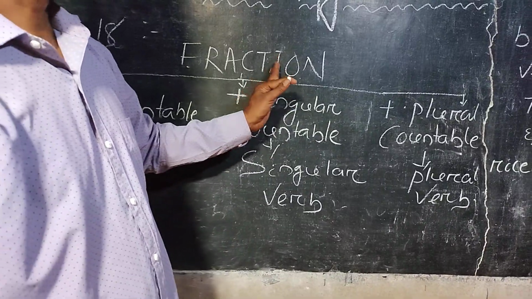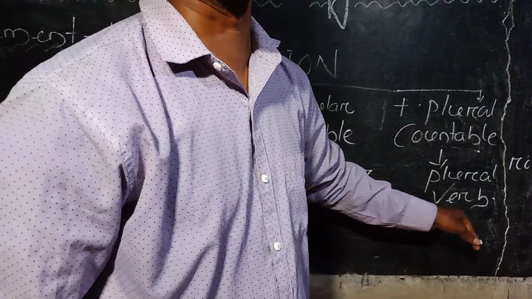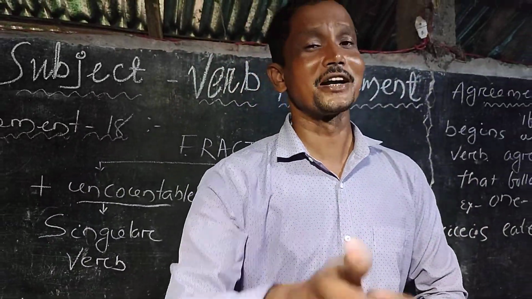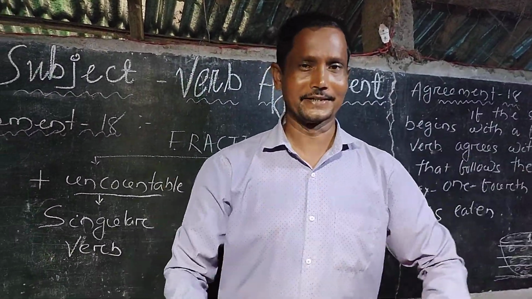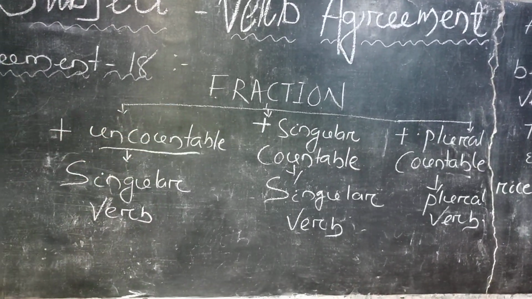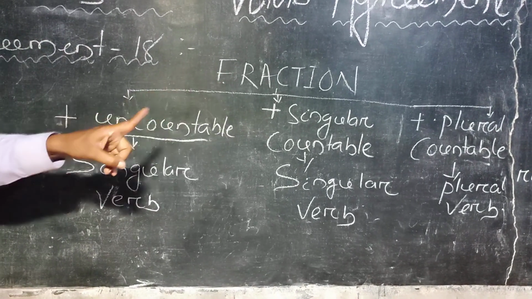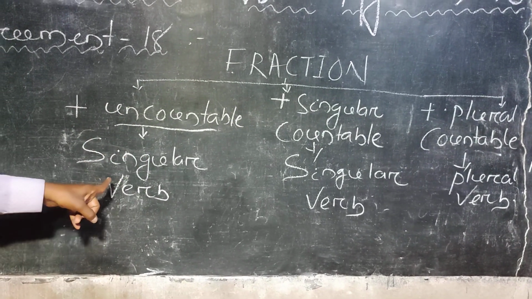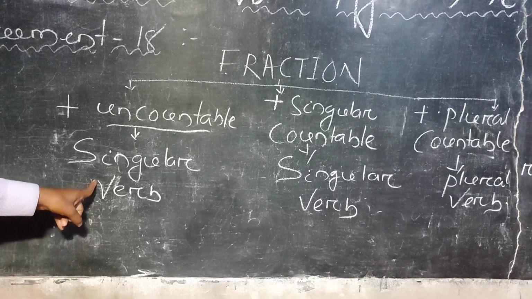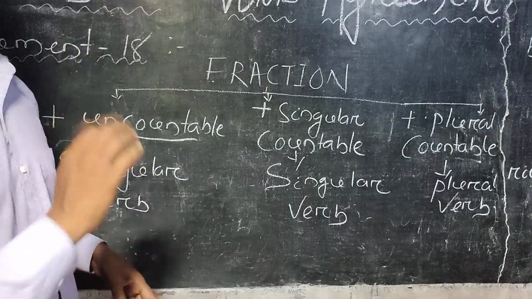And next, fraction plus plural countable noun will take a plural verb. Is the fact clear or not? Once again, in case of fraction, you can simply remember these three things: fraction plus uncountable, and it will take a singular verb. Then proceed towards the example.